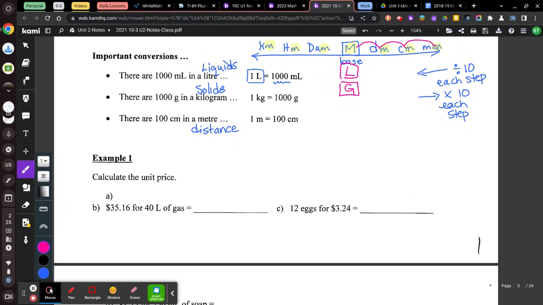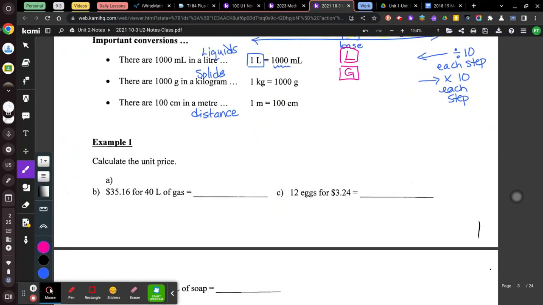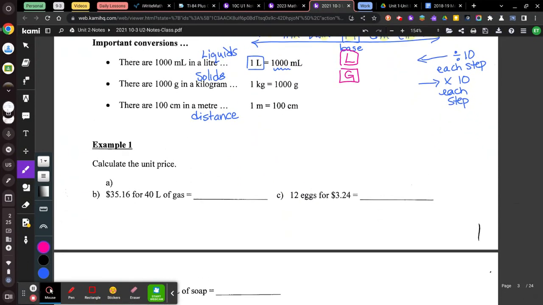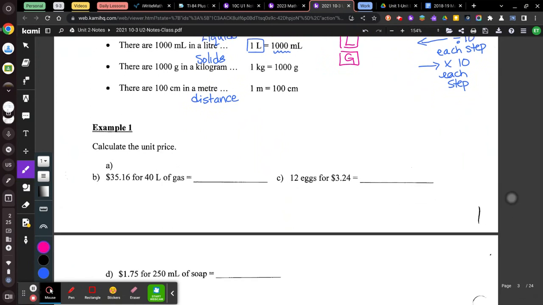And it's 3 spaces. You're going 3 spaces. That's why there's 3 zeros, or you times by 10 3 times. That's where the 1,000 comes from, because you're actually moving up and down that scale one way or the other. You're either multiplying by 1,000 or dividing by 1,000. So we're actually going to do a few examples. It's going to make way more sense when we do a few examples.